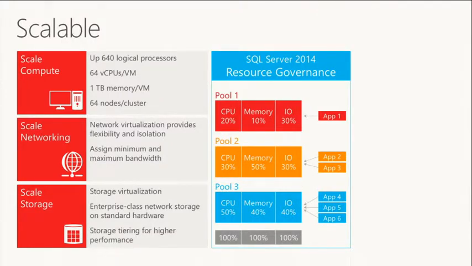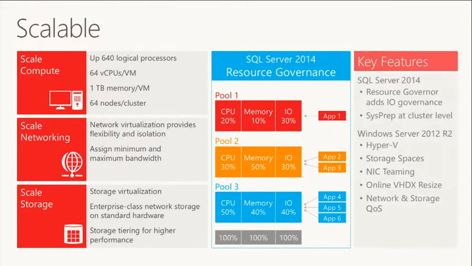We could have 64 node clusters. And one of the things that we did with SQL Server 2014 was something that a lot of our customers were asking for. What about resource governance and resource management? In SQL Server, I had resource governor, and what I could monitor and manage was memory and CPU, but I could not manage I/O.